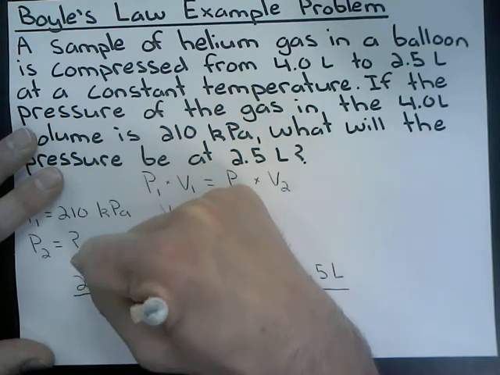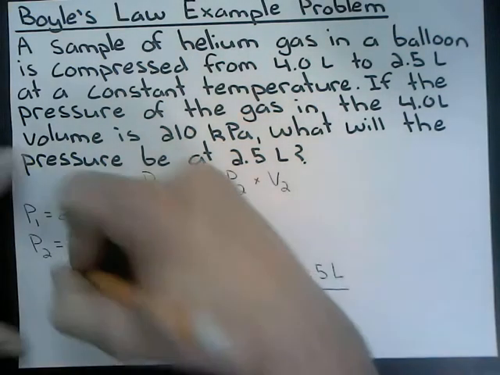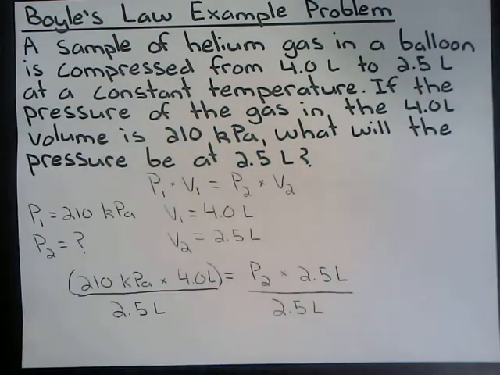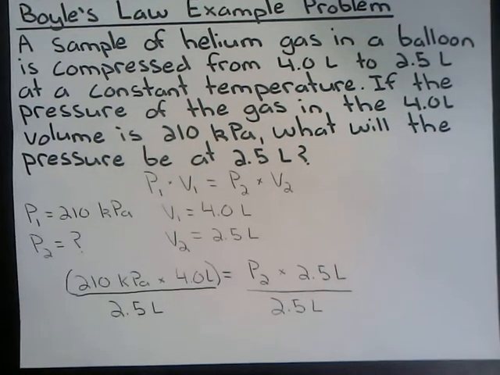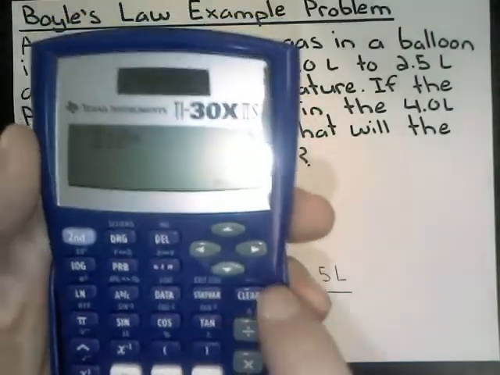And now we turn to our calculators here to help us out with this math. So what I'm going to do, in parentheses, I'm going to take 210 times 4, close the parentheses, and divide it by 2.5. So to help remember that here, I'm going to put these in a set of parentheses. So again, I'm going to take 210 kilopascals times 4.